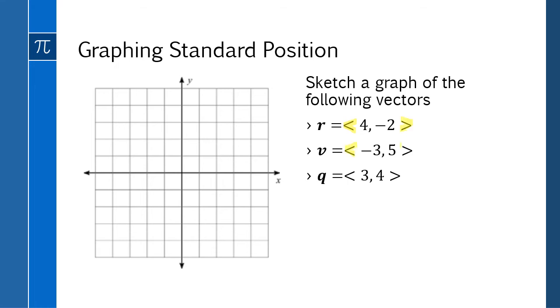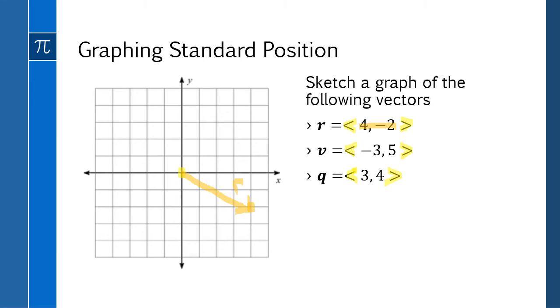So instead of needing to go from point P to point Q where both points are given, we know that for all three of these vectors, the starting point is going to be right at the origin. And then the second point that's written inside the brackets tells us where to end. So for vector R, my terminal point is at 4, -2. So we would go to the right 4, down 2. There's the terminal point. And then drawing in the arrow, that would be vector R.